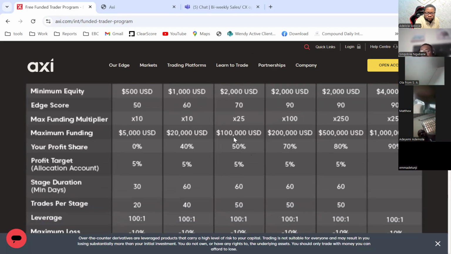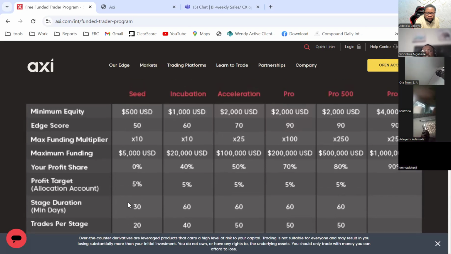I have one client who just funded with $4,000, even though he was going to start on the seed stage, which is very smart, meaning that even when he passes all these stages, he doesn't need to top up because his equity was already $4,000. He said, I don't want this question every month asking me to top up.